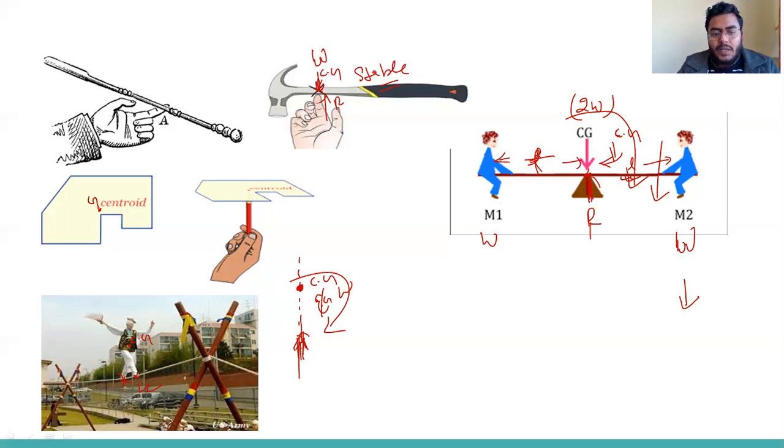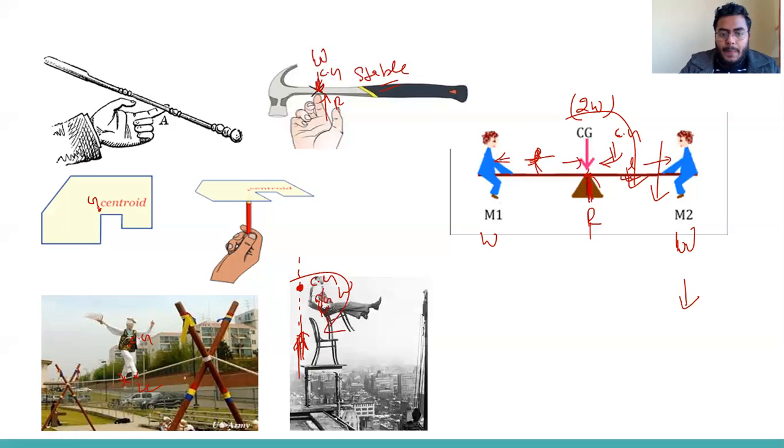You can say not every person can stand. Those who can stand have practiced keeping the center of gravity on the line of support, on the vertical line of this rope. Okay.